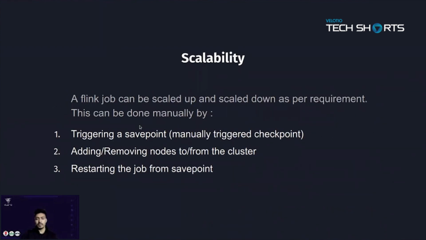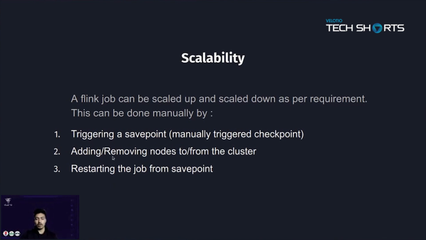Now let's talk about scalability. We can horizontally scale a Flink cluster, and we can also scale it down. This can be done manually. We have to trigger a savepoint. A savepoint is nothing but a manually triggered checkpoint. So we save the state of all the operators within the database.